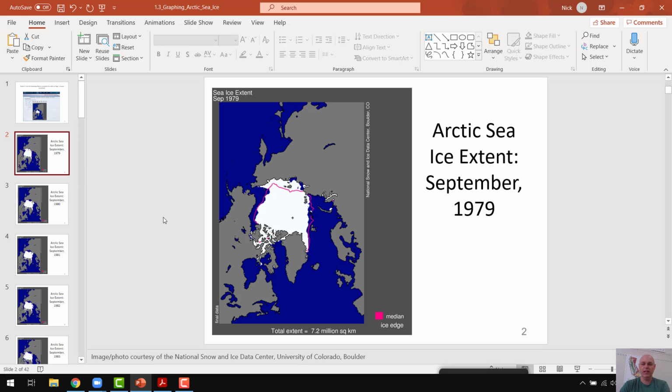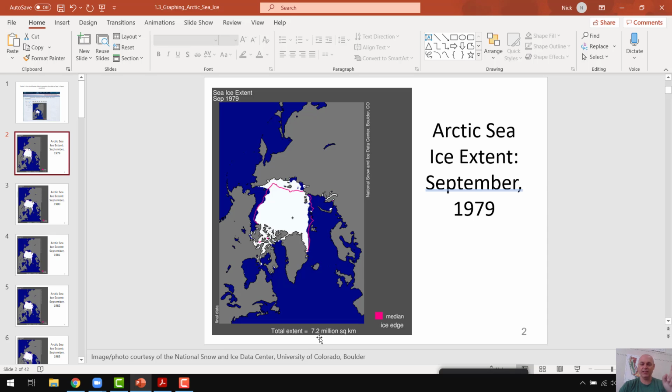So if I go to the next slide, it tells me this is September 1979. It shows a map of the Arctic, so you're looking down on the North Pole, and you can see the sea ice there in white. Total extent, if you look down at the bottom, says 7.2 million square kilometers.